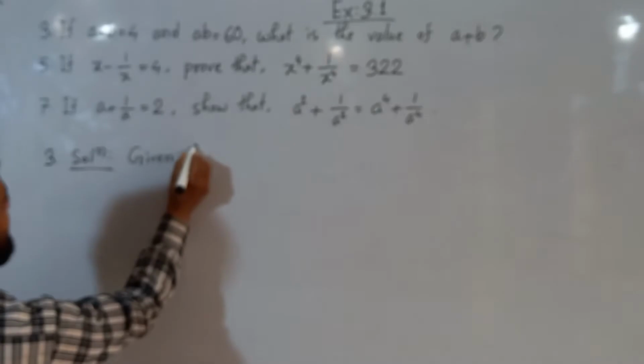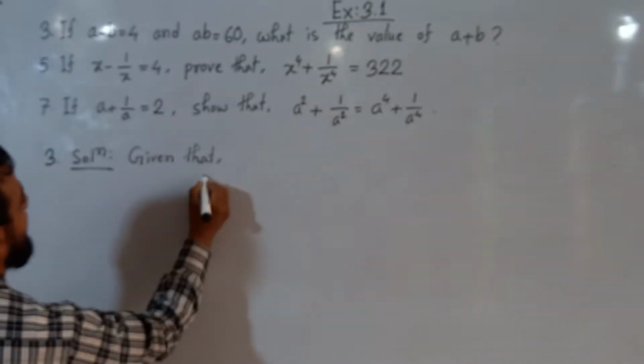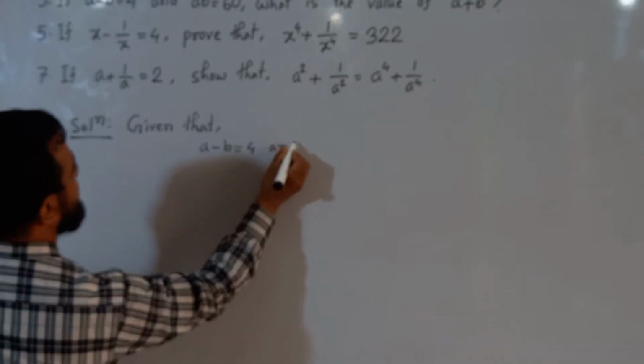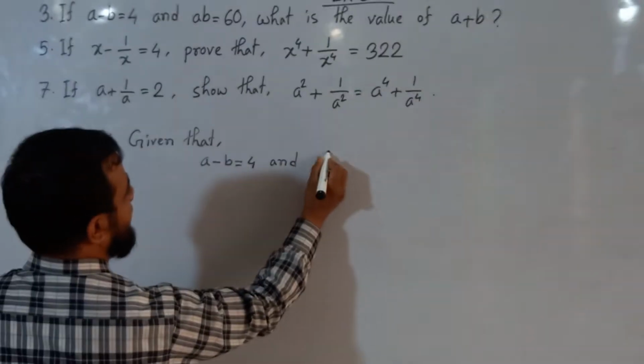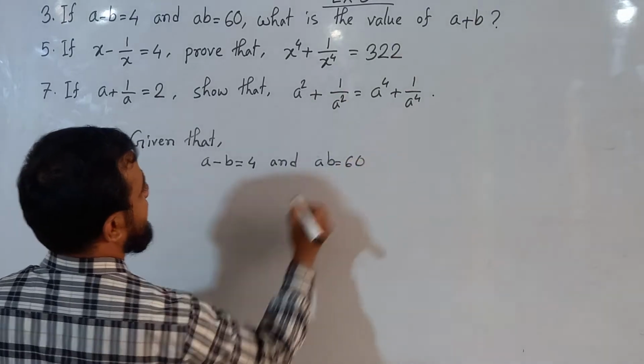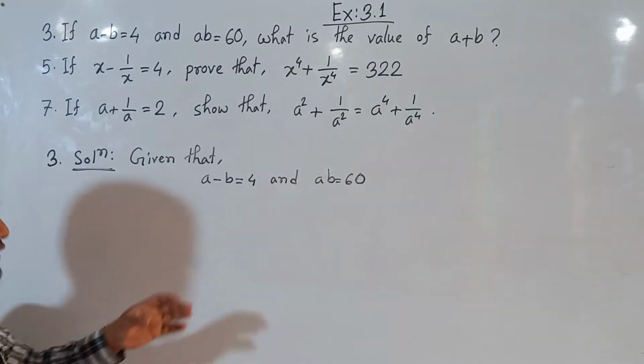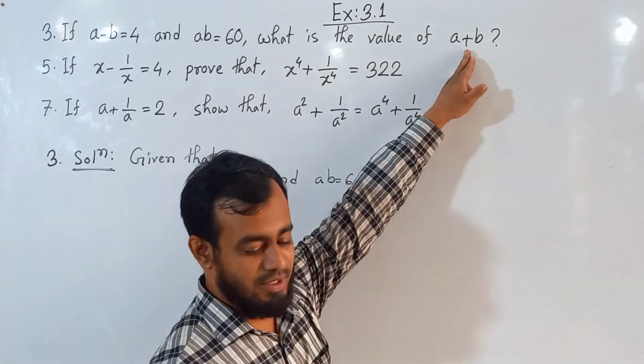Given that a minus b equals 4, and also given here, ab equals 60.